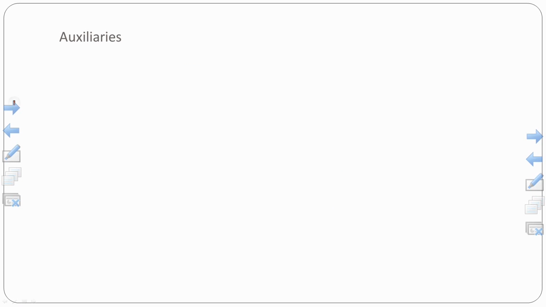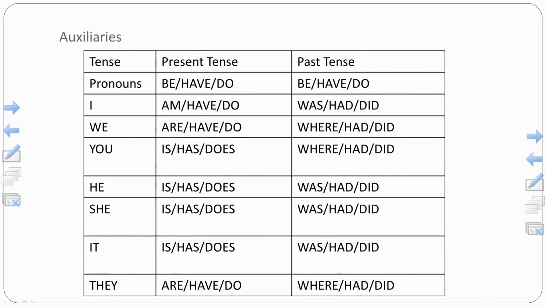Now let's understand the pronouns with those particular tenses in present and past. These are the common pronouns that we use to make any sentence: I, we, you, he, she, it, and they, like in any grammar text. If there is be, have, do, which are the common primary auxiliaries, then if there is I, that means I am, I have, I do in present tense.